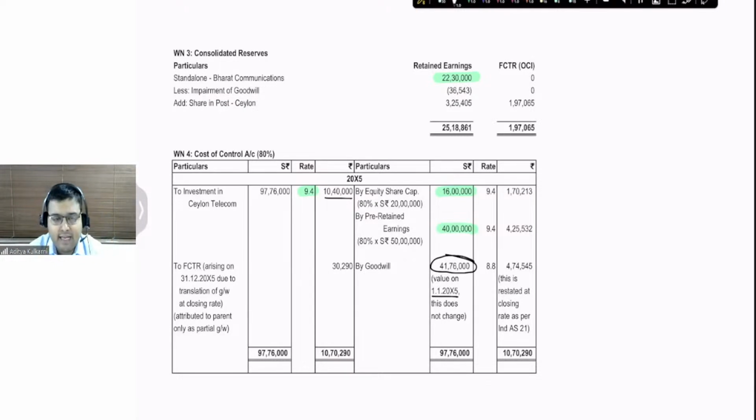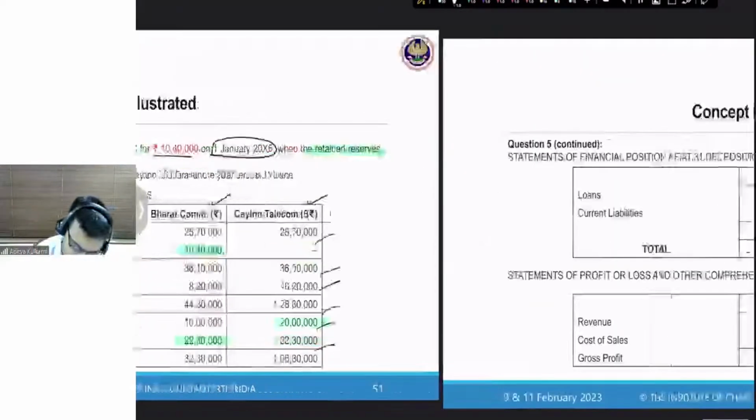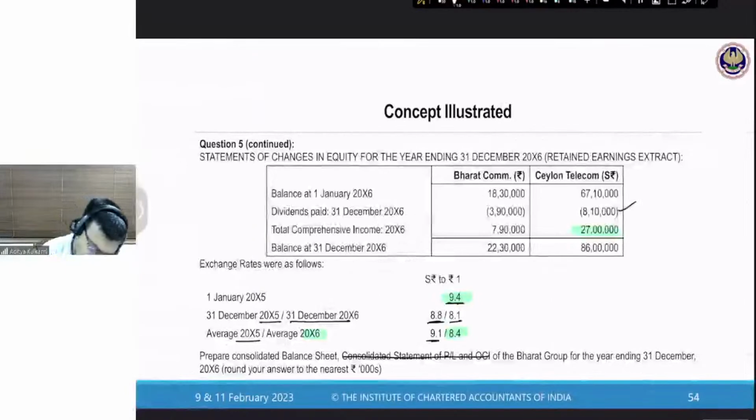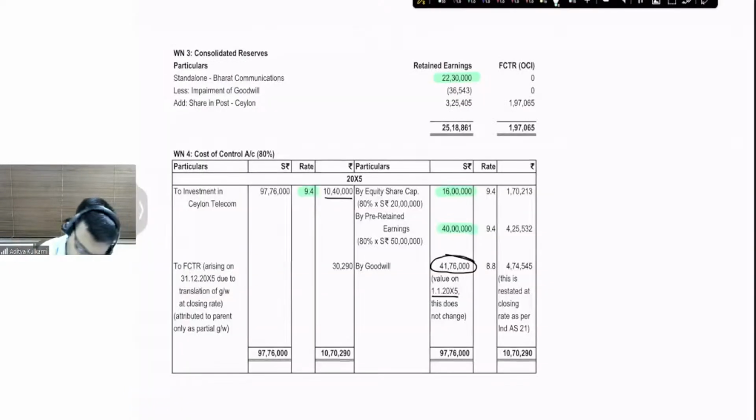Now these are the assets of the subsidiary. So when I have to convert, I will use the closing rate. I am in the year 20x5. So the closing rate for 20x5 is how much? Sir, it is 8.8. So there you go. I translate at 8.8. I get 4,74,545.